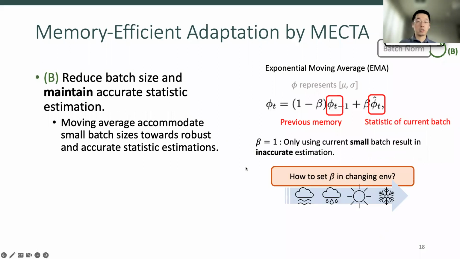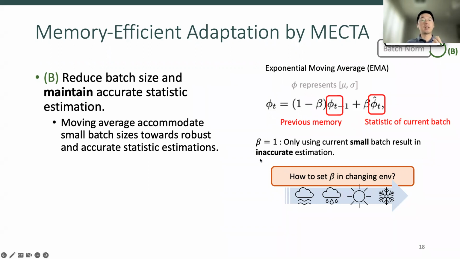However, this is not trivial. The challenge comes from the environment changing. We have introduced a new parameter called beta here, which trades off between the previous memory and the current batch statistics. So what's the best choice of beta if we are in a changing environment? By changing environment, we mean we have different data distributions, so we have different statistics during test time.